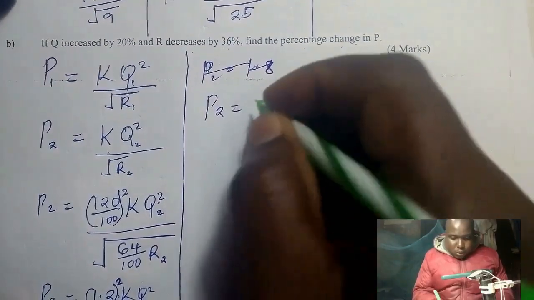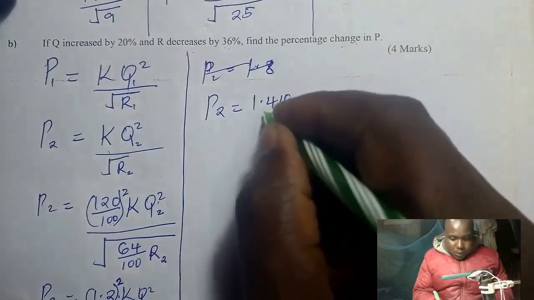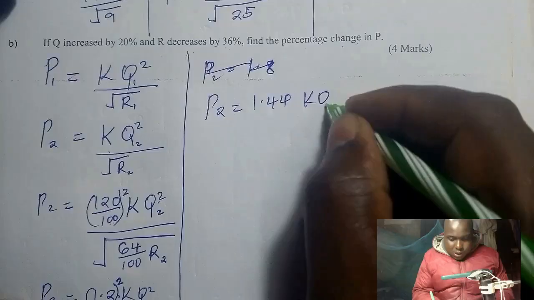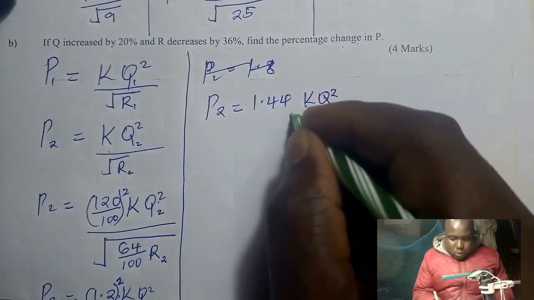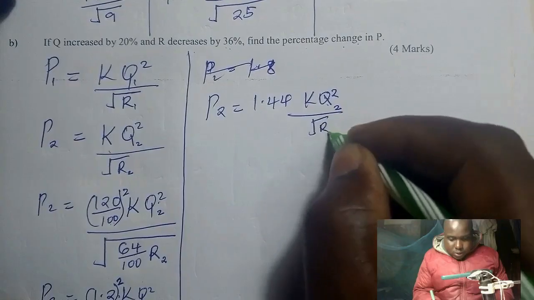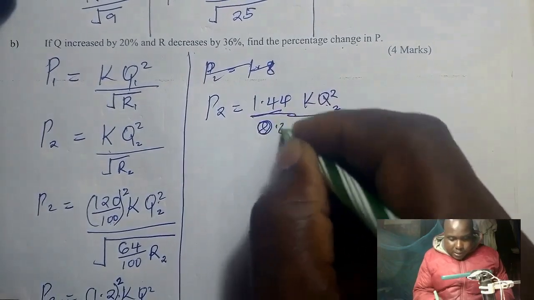P2 is equal to 1.44. If you divide by that, K Q2 squared over R2 over 0.8.